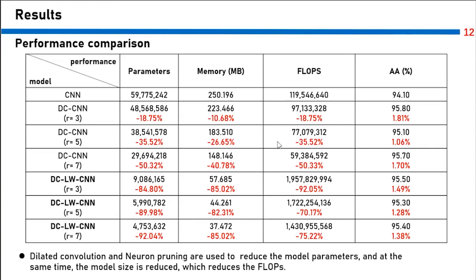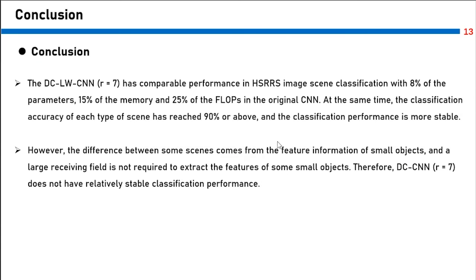In terms of actual storage and operation of the CNN model, the memory is reduced by 85.02%, and FLOPS is reduced by 75.22%. In the end, we got some conclusions.